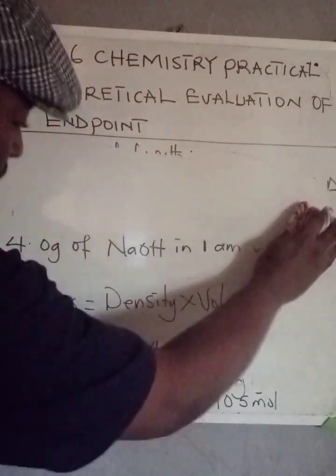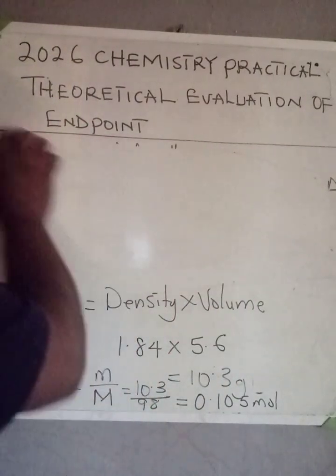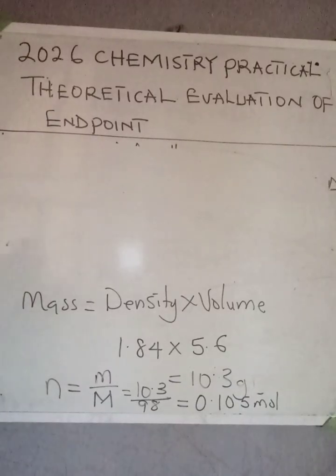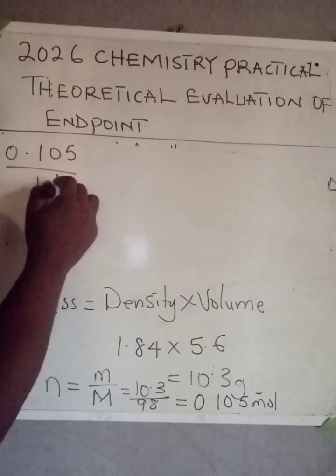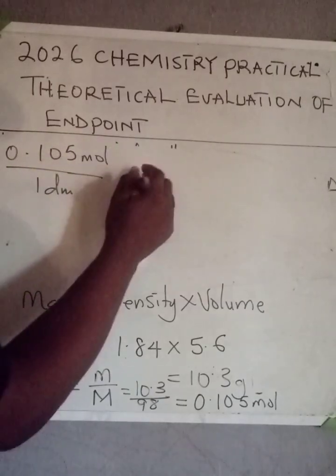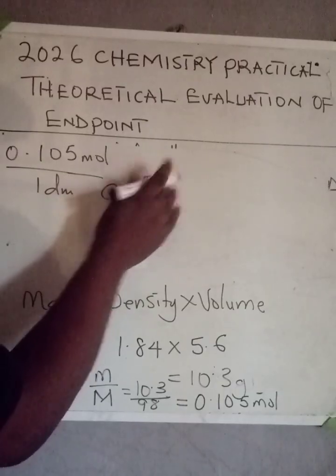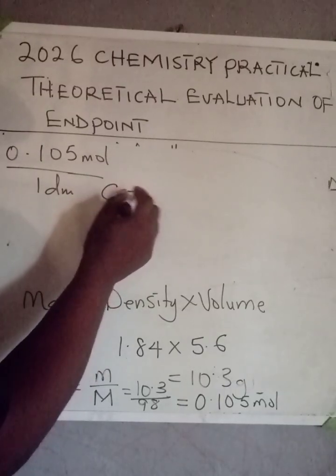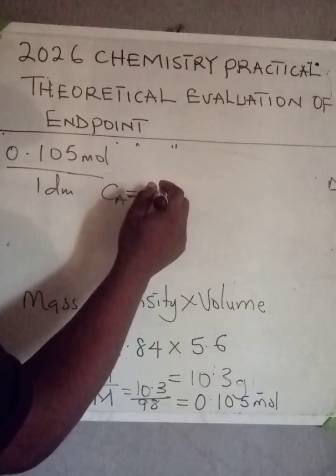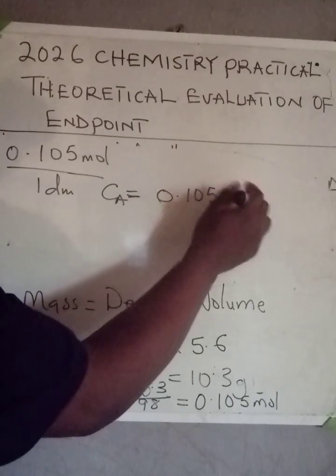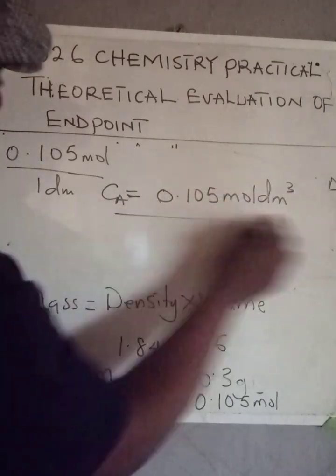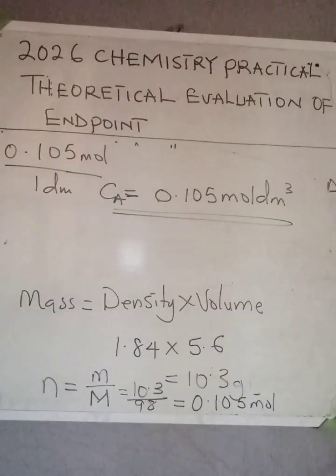So when we divide 0.105 by 1 dm cube, that will give us the expected concentration of the acid, which is 0.105 mole per dm cube. That's your Ca.